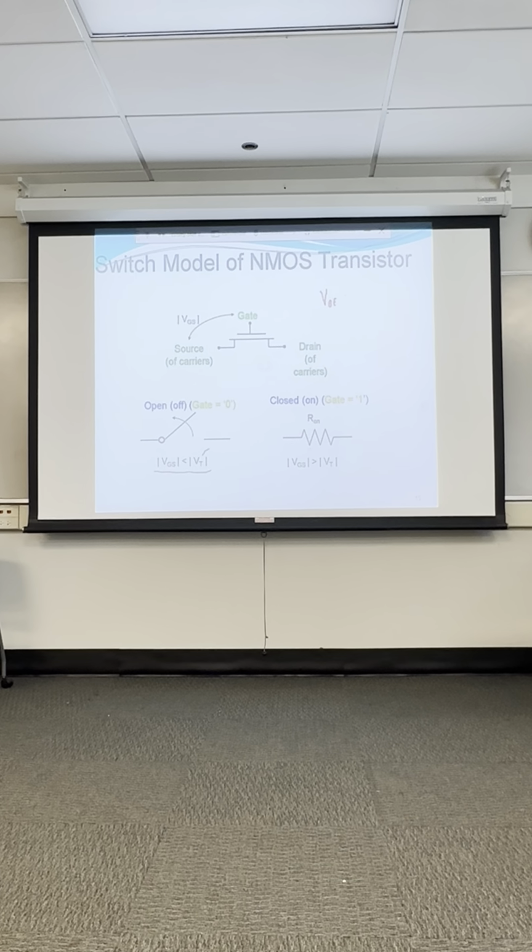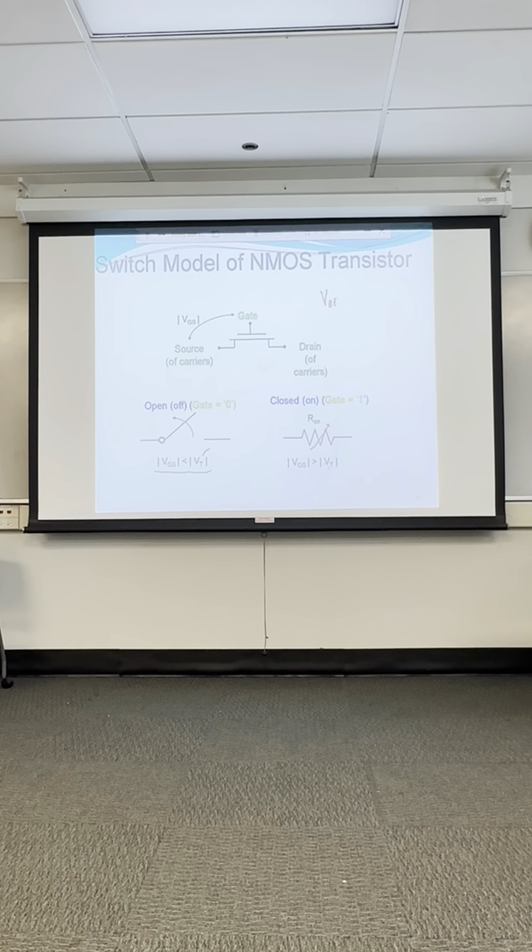And this symbol doesn't have an arrow to it. That's usually how you draw a variable resistor. So when the gate to source voltage is greater than the threshold, the NPN enhancement MOSFET is on. Now that's different from a BJT, where we say the base emitter is on when there's 0.7 volts across it.